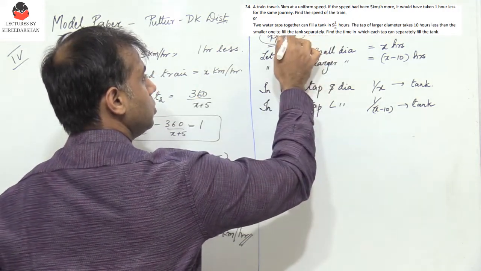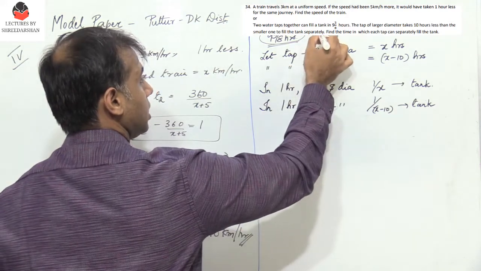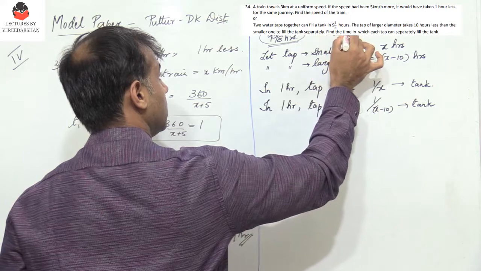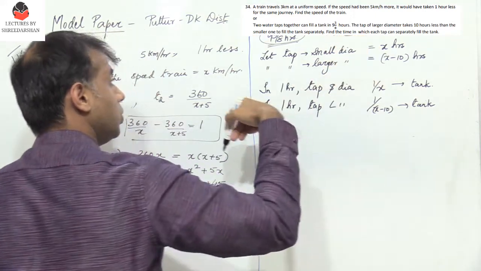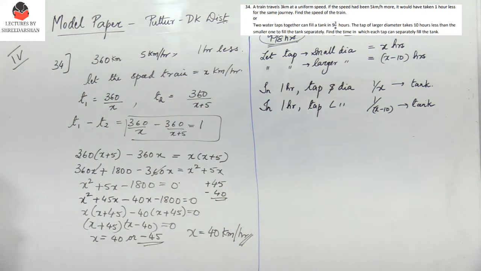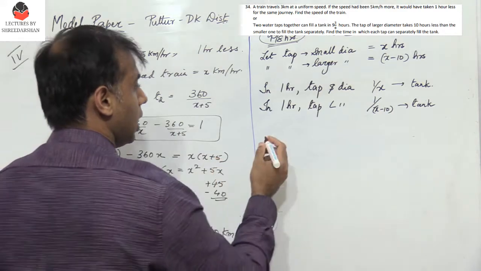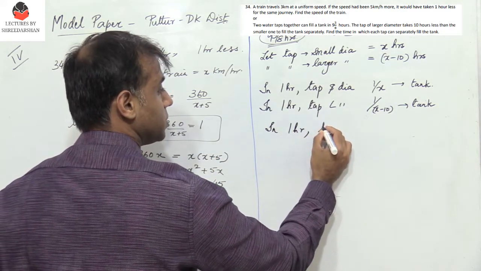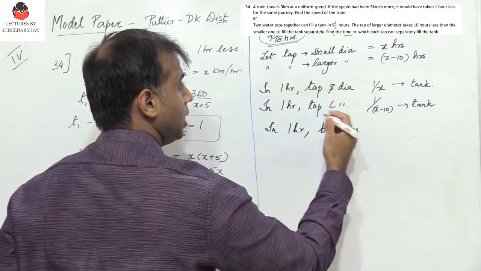9 into 9 3/8. So that's going to be 75/8 hours, right? So when you have both the taps on, the tank gets filled in 75/8 hours. So therefore in 1 hour, both the taps would fill how much of the tank?